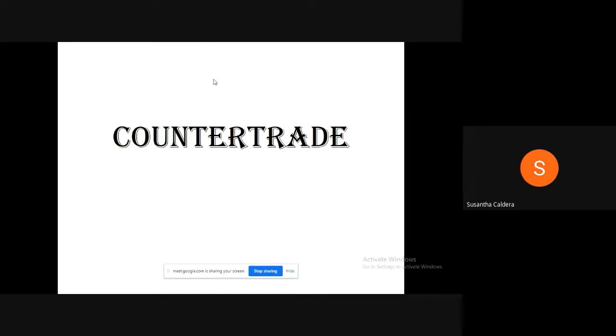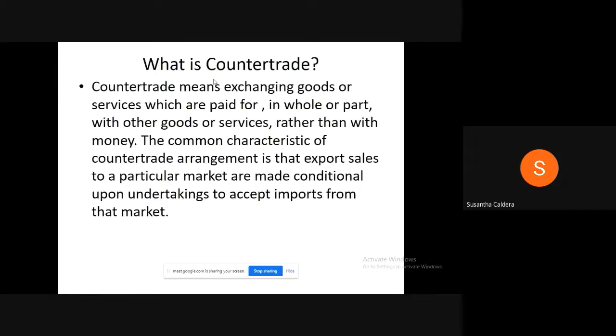Right. Here we go. Counter trade. First we'll try to understand what is counter trade. Counter trade means exchanging goods or services which are paid for in whole or part with other goods or services.